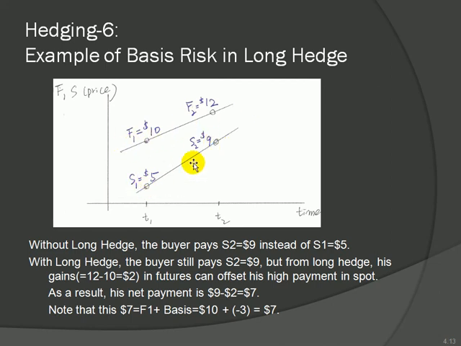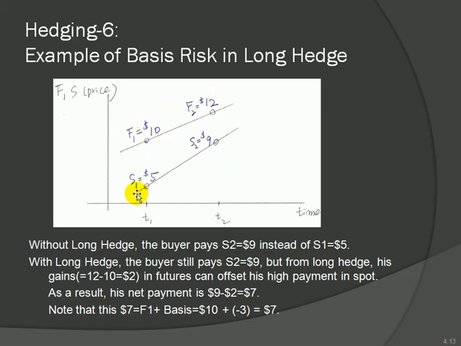When spot price goes up, future price goes up. So you're making some profit here in a futures market. That's going to offset the loss that you're having in a spot market. I mean, since the price goes up, you ended up paying a higher cost for this spot commodity. Now that's going to be compensated by the fact that you have some gain in the futures market.